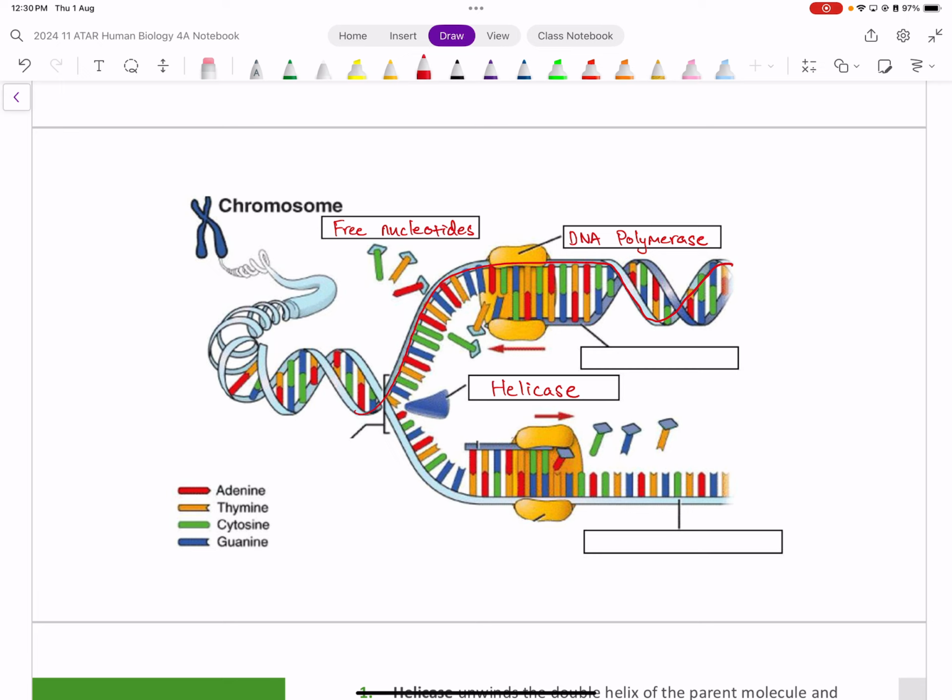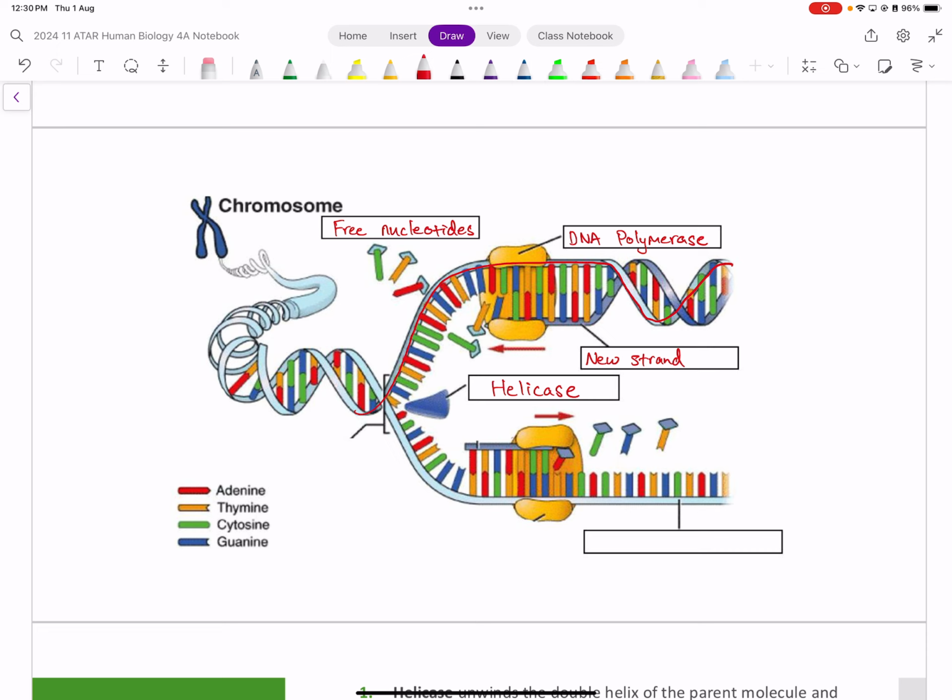Okay. So this is our strand which we have produced. It is our new strand. So we'll just write in here simply, this is our new strand. We'll introduce some terms to describe this a little bit later on.